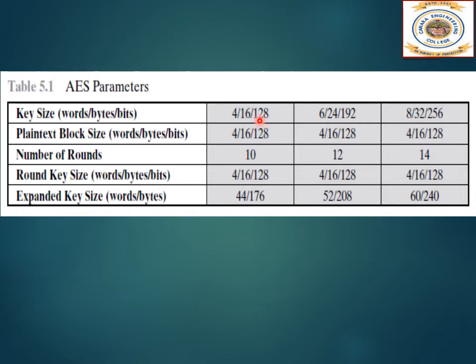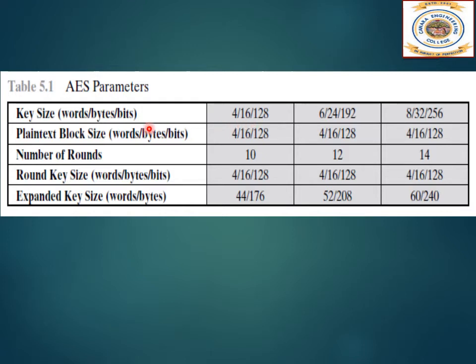So if I divide 128 by 8, I get 16 bytes. Similarly, to convert into words, one word is equivalent to 32 bits. Therefore, we have 4 words. This is how you express it in terms of words, bytes and bits.